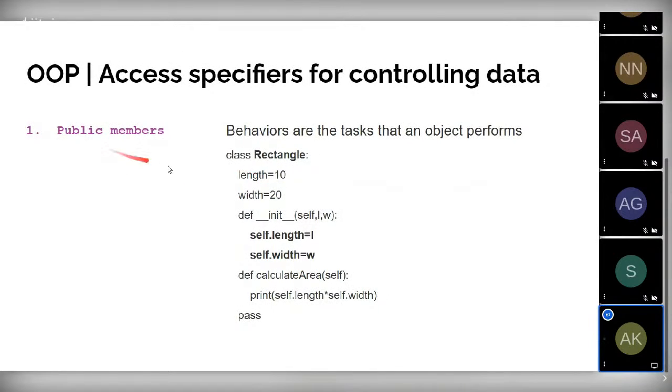Public members are open to everywhere, open to anyone, which means anyone can get the value of this property and can modify it. This type of member is called a public member.